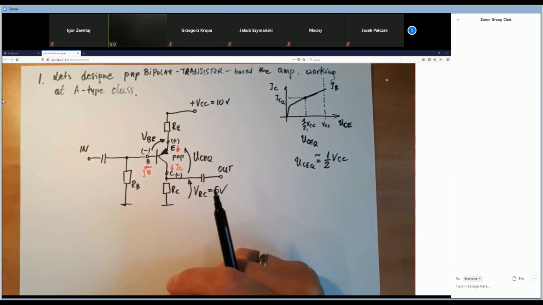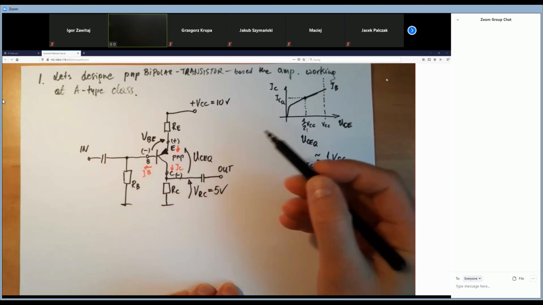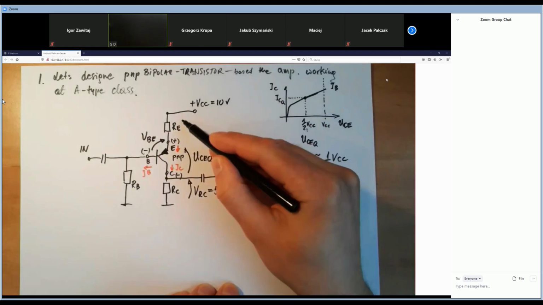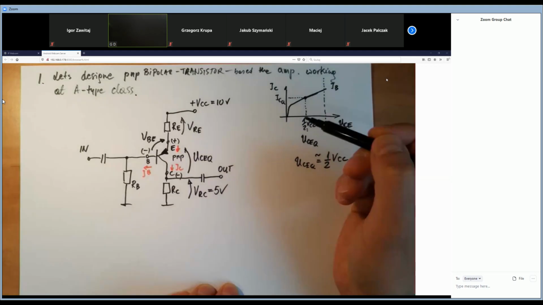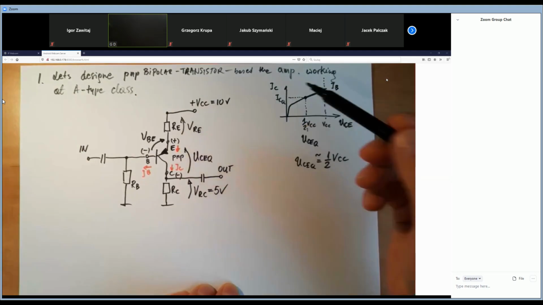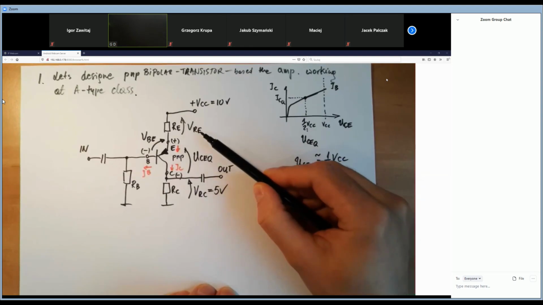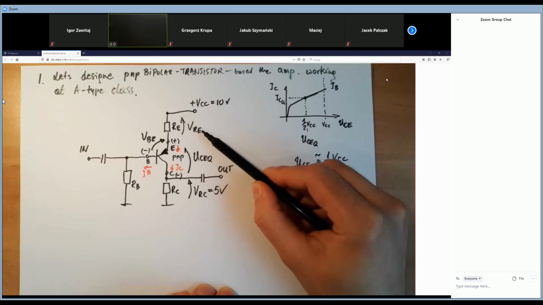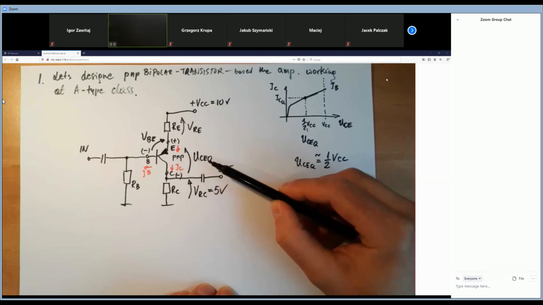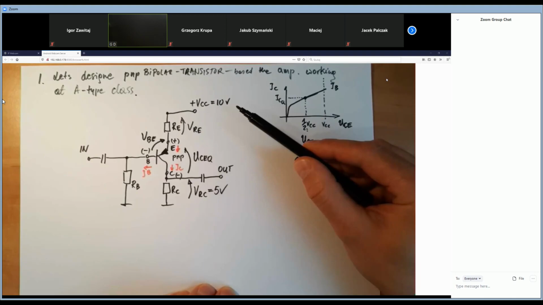So the UCEQ should be equal, we don't know, it depends on us. We've also got the voltage drop on RE. We can't choose such a huge VRE voltage drop. Why? Because we want to get UCEQ around half of VCC.